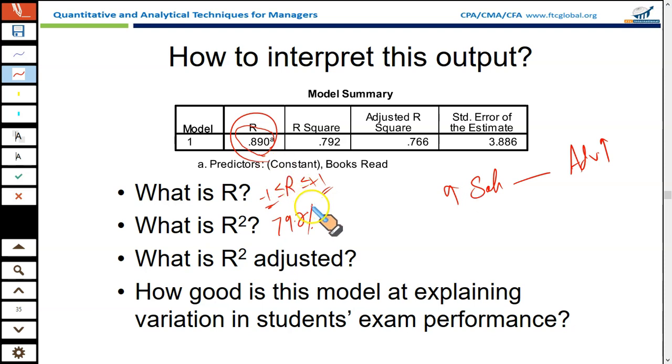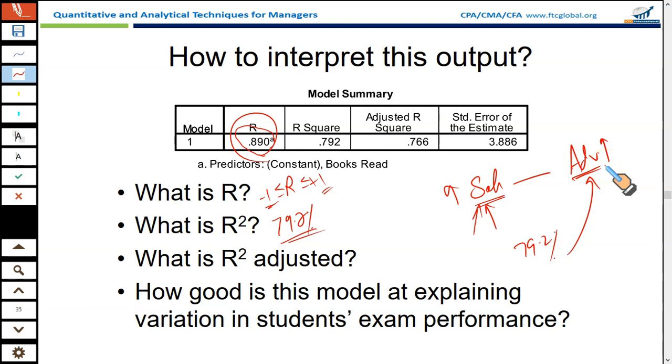I take the square of R, it gives me 79.2. It tells me that 79.2% of the variation in sales is because of advertisement. It's a very interesting point. Please note, 79.2% change in my sales revenue is caused by advertisement.